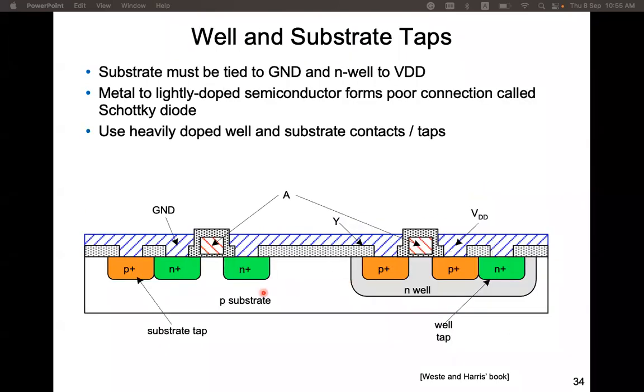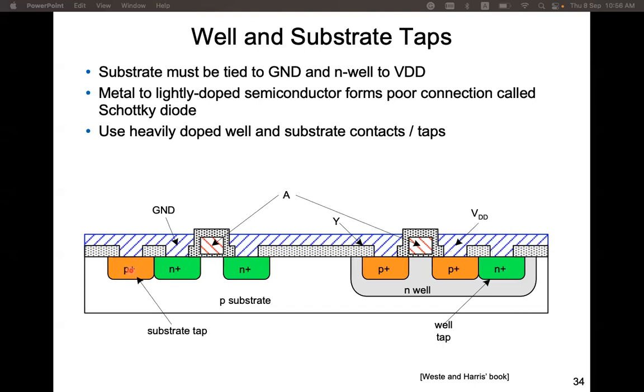Actually, this is a more complete diagram of the inverter's device structure. We also need to access the substrate and the N-well. So we need to provide some contact to the P-type substrate, and this must be done through a highly doped region.